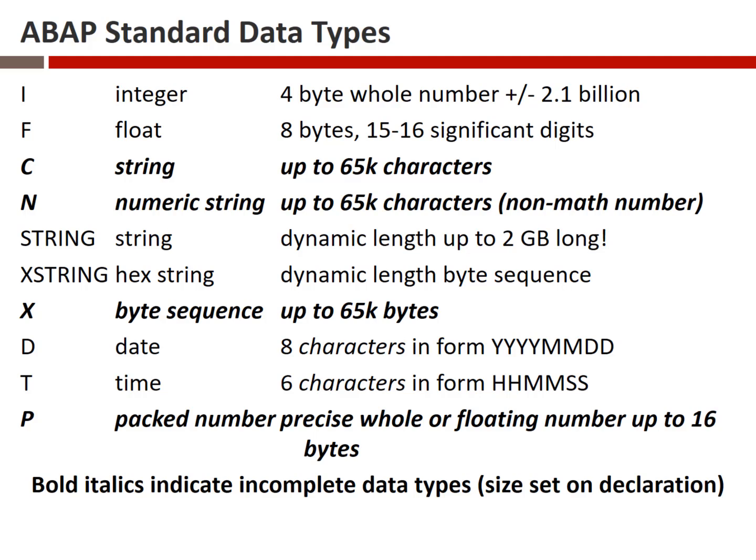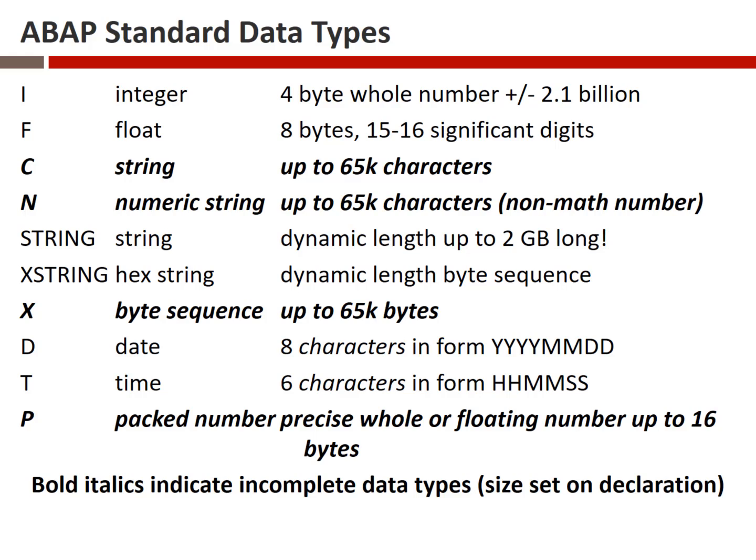I want a numeric string capable of storing 8 characters, so I declare it to be of size 8. The way I declare sizes with packed numbers is a little bit different. I have the ability to create a packed number up to size 16. So a packed number will be 1 through 16 in its size.